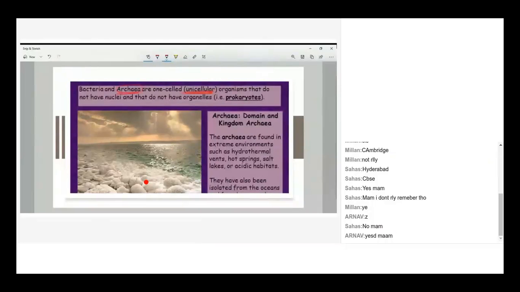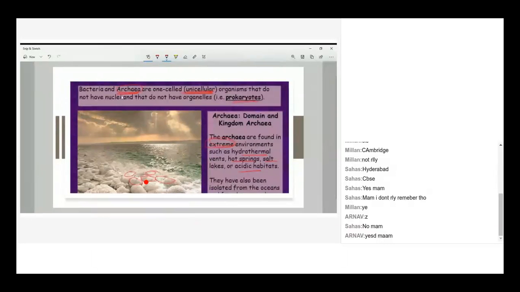Archaea are unicellular bacteria. They are prokaryotes only. They will be found in extreme environments. Extreme environments means salty lakes or hot springs or hydrothermal vents, acidic habitats and all. So these are the bacteria. The white colored ones are there, no? Those are the bacteria. I'm circling on the diagram.